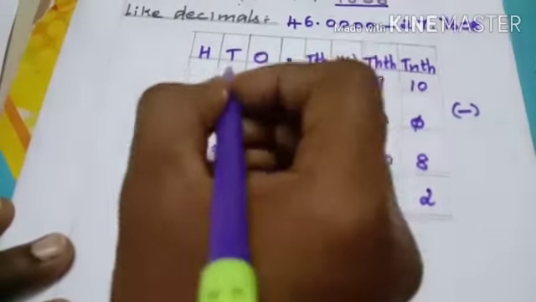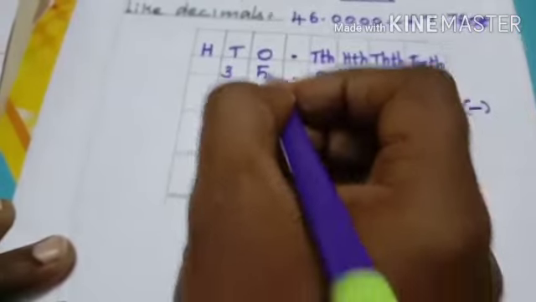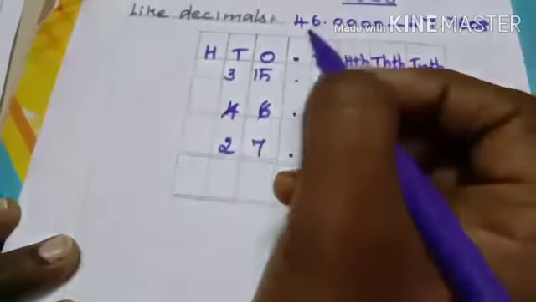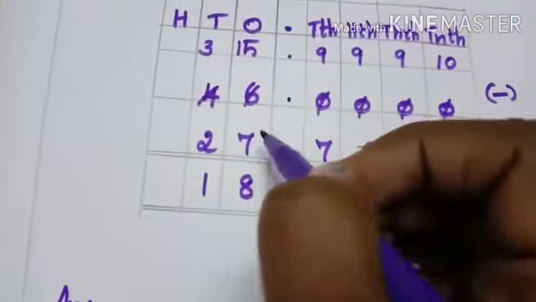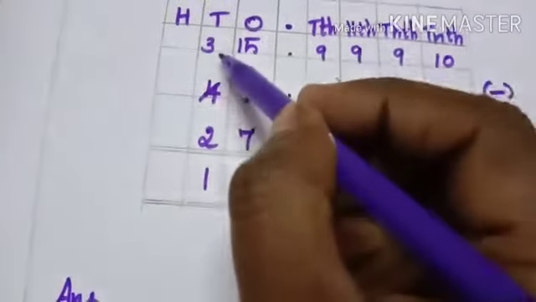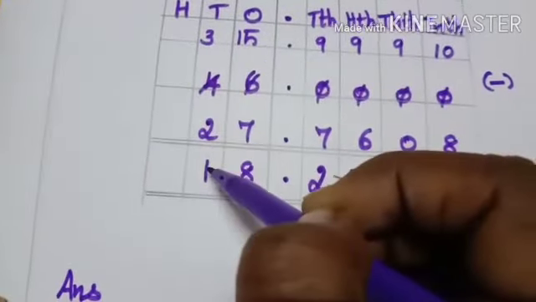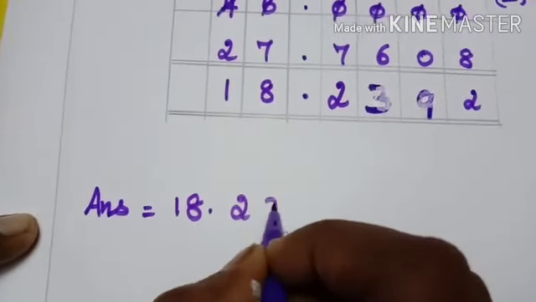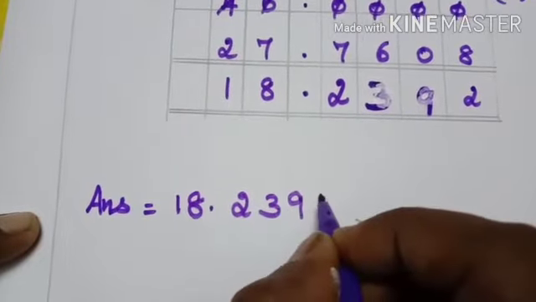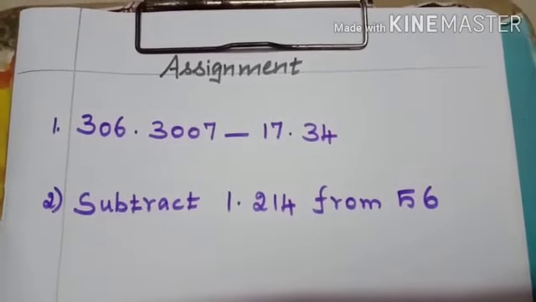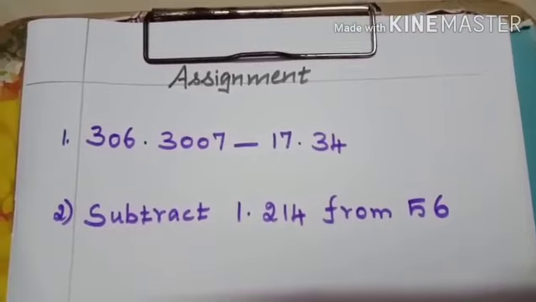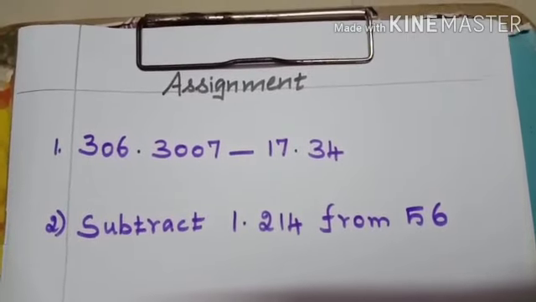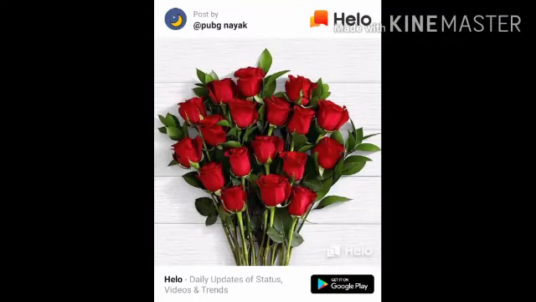So it becomes 3 and then it becomes 15. 15 minus 7 is equal to 8, and 3 minus 2 is equal to 1. So the answer is 18.2392. Students, do the assignment. We shall check the solutions in the next video. Thank you, students.